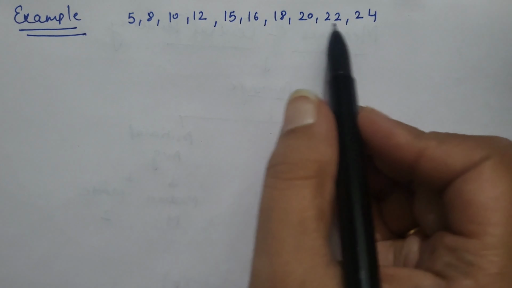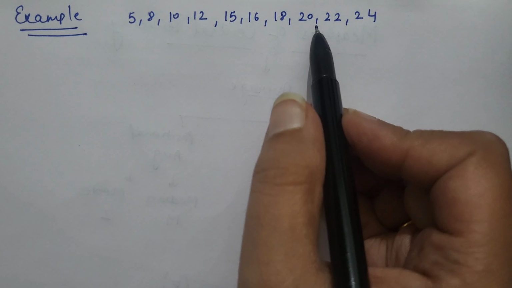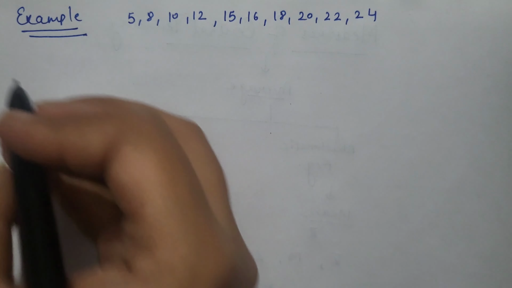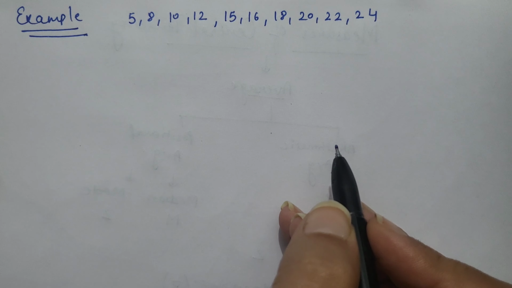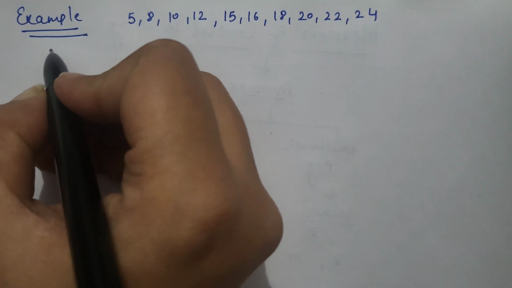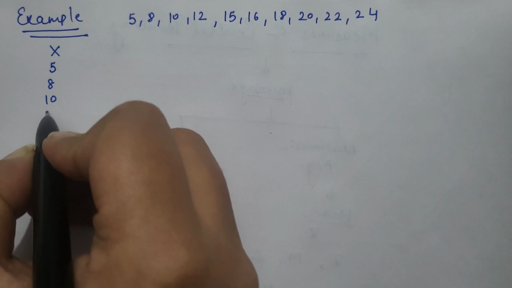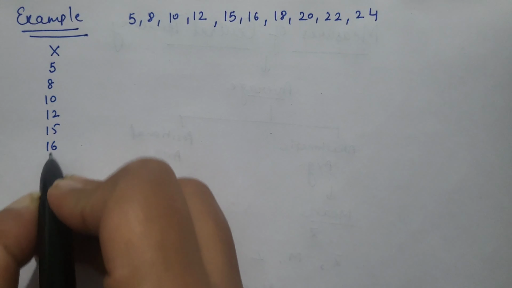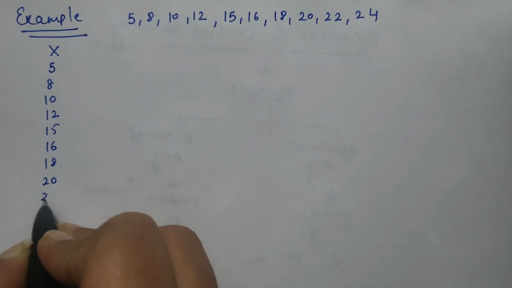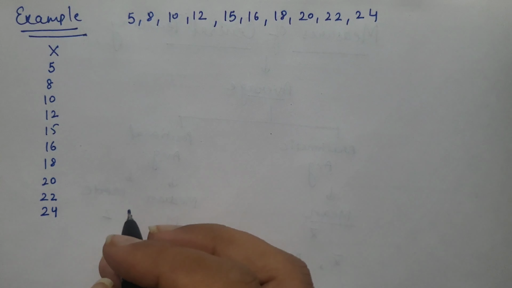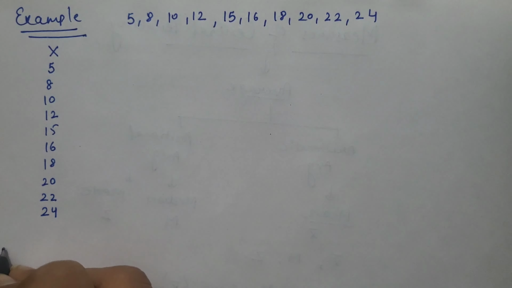We can count that there are 10 observations there. Number of items, how many? 10. So, first of all, we will calculate mean by direct method. For this, you have to note down this series again. Say 5, 8, 10, 12, 15, 16, 18, 20, 22 and 24. Now, we know that number of items are 10 and I need summation x.